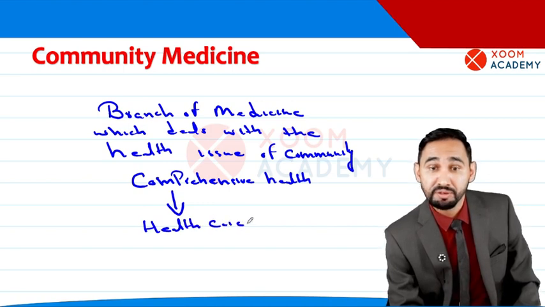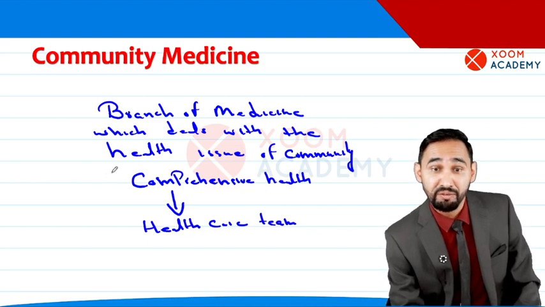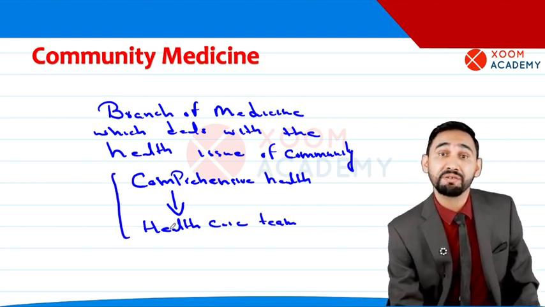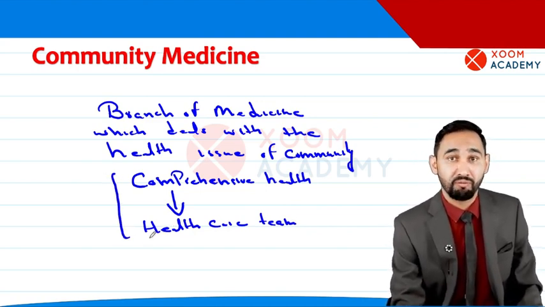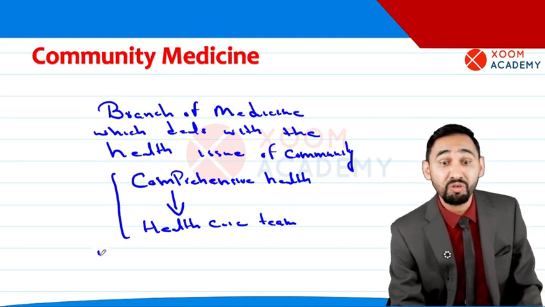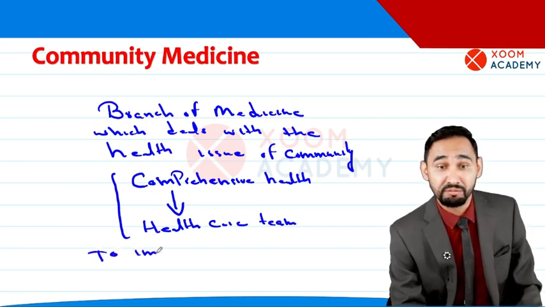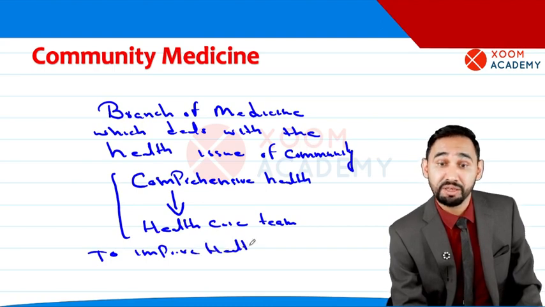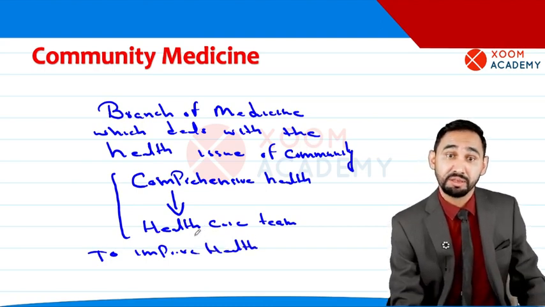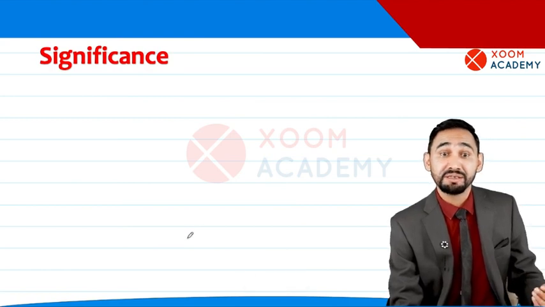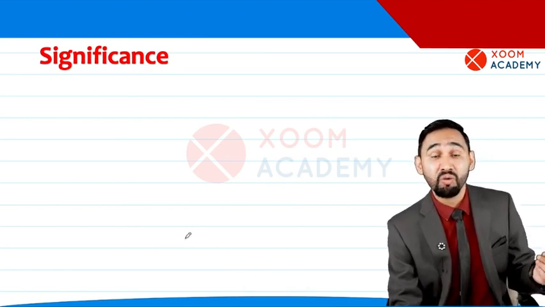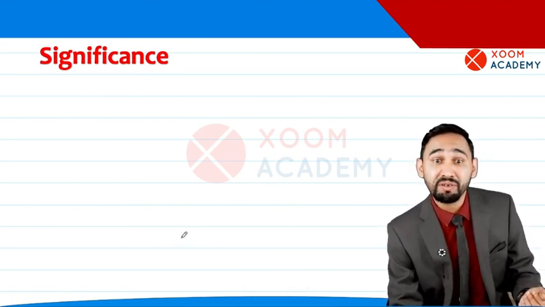We have to develop a health team, or we have to train a health team which will provide comprehensive healthcare to community. Why? Improve health of community, improve health status of community. So, community medicine is significant. It has a role to play to improve the health of community.